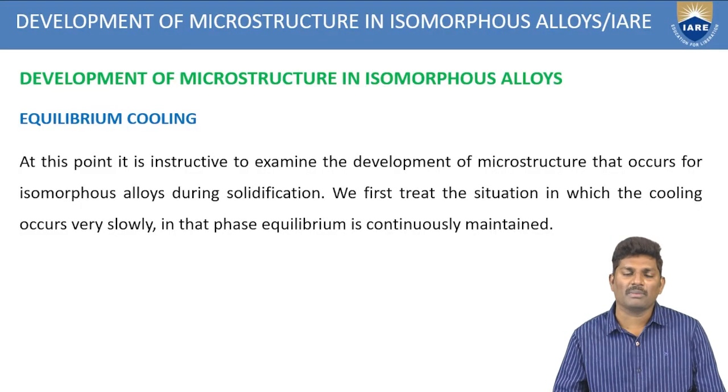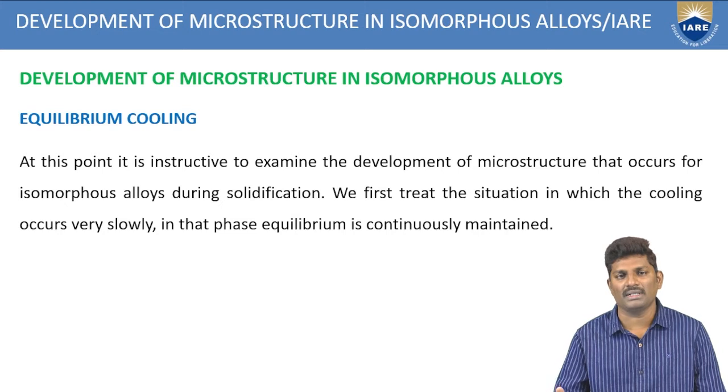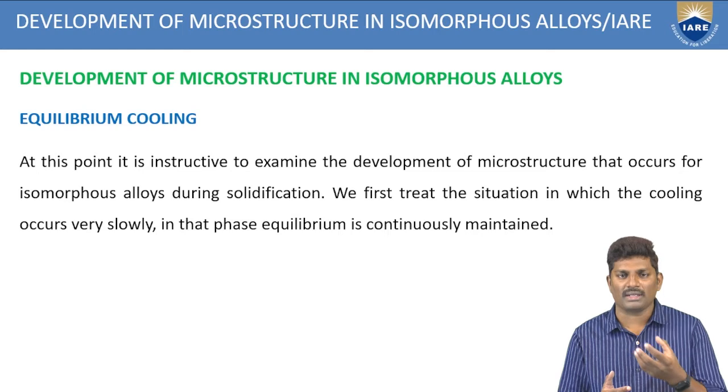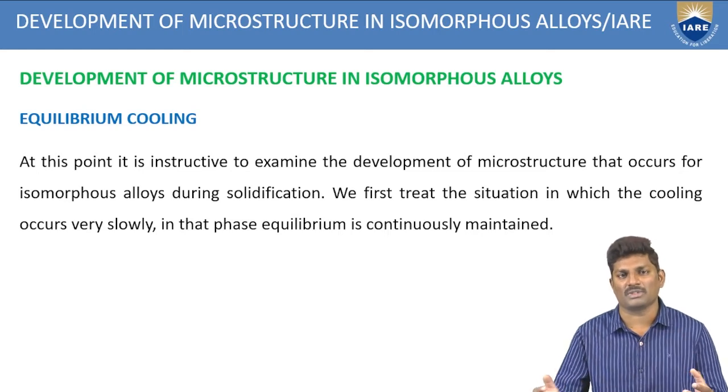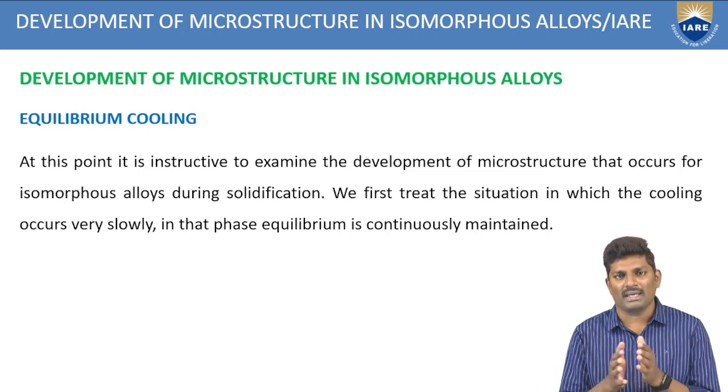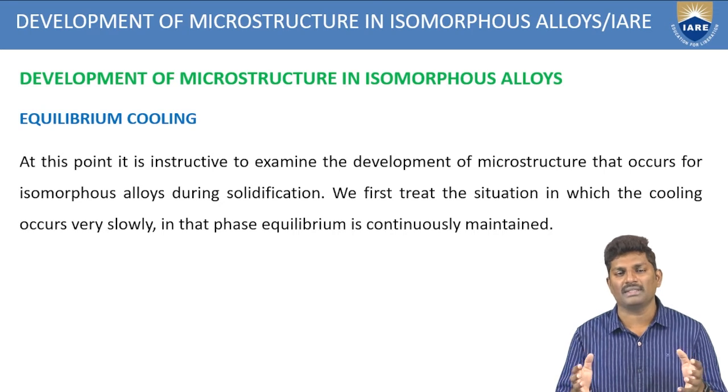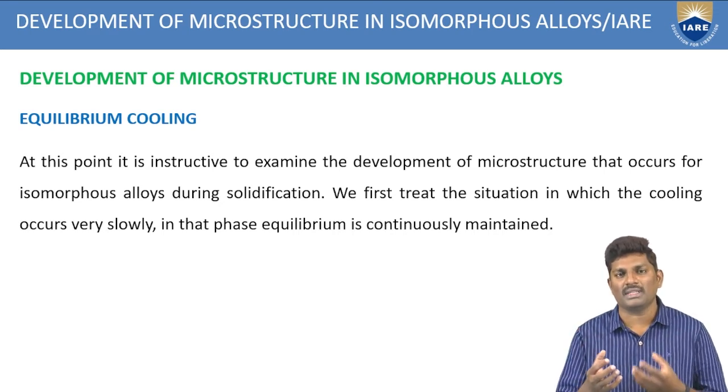So what is an equilibrium condition? When a body is heated to its melting temperature and is then to be cooled, if the body is slowly getting cooled, that type of system is called equilibrium. That means at equal distribution, the heat is being lost during the cooling process.